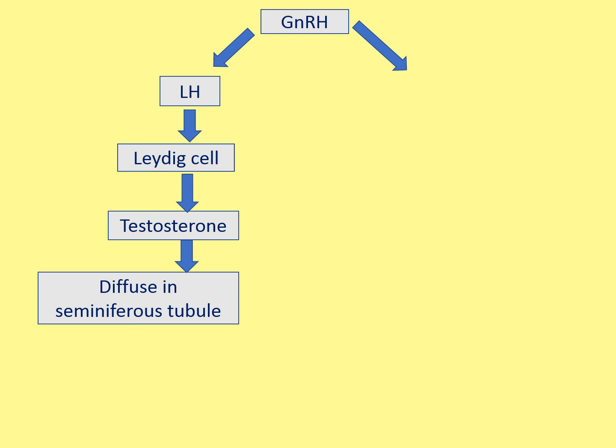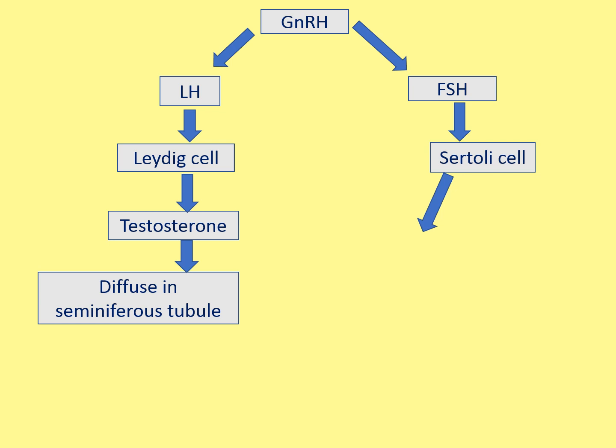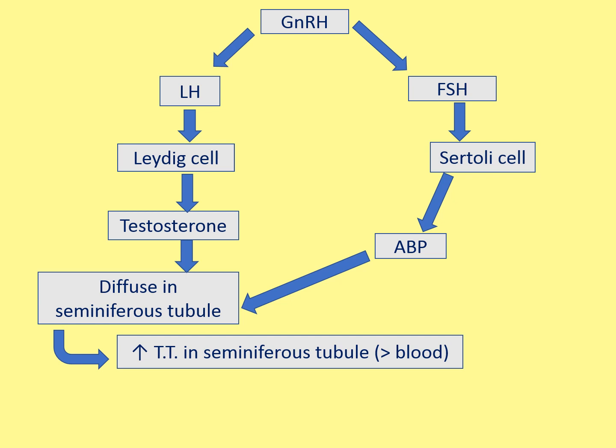GnRH also releases FSH, follicular stimulating hormone, from the anterior pituitary, which acts on the Sertoli cell to release the androgen binding protein, which binds with the testosterone and ultimately increases the testosterone level in the seminiferous tubule, which is more than blood.